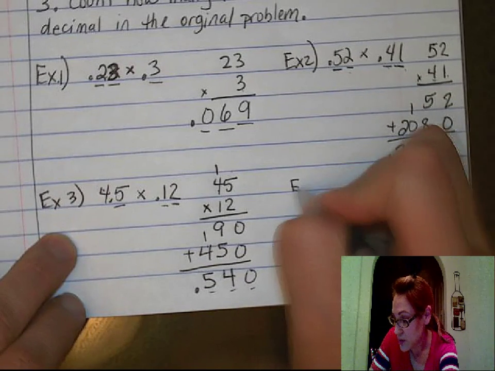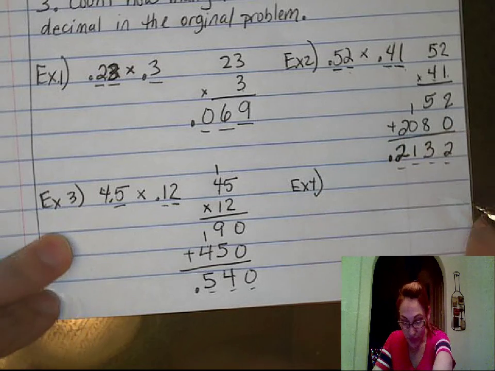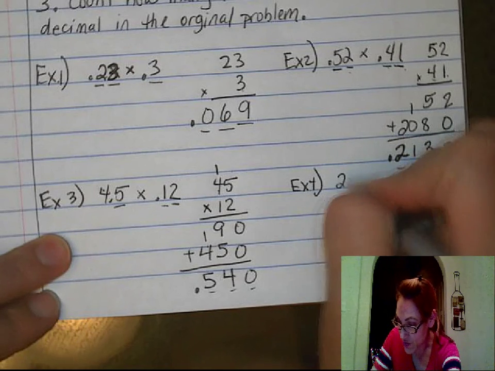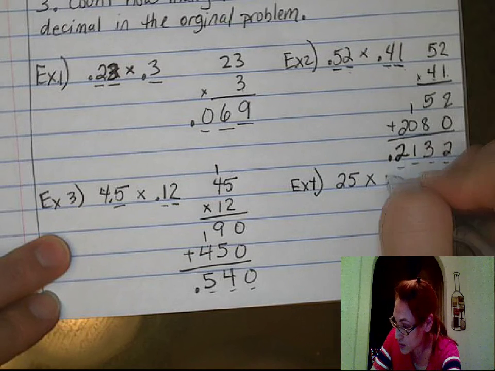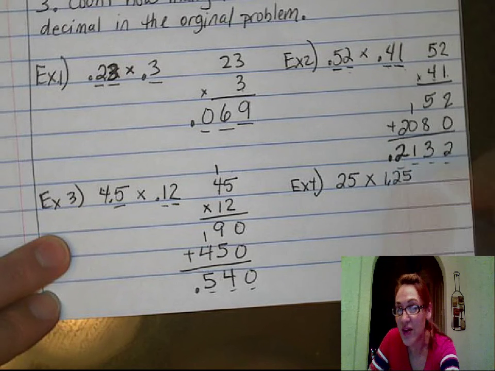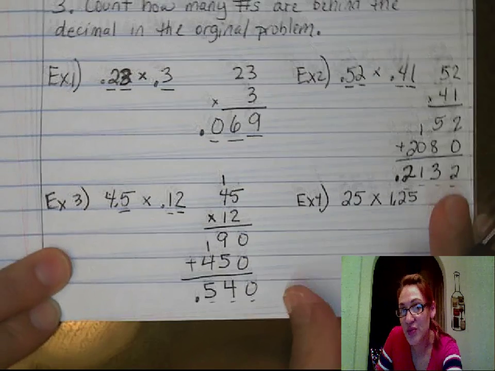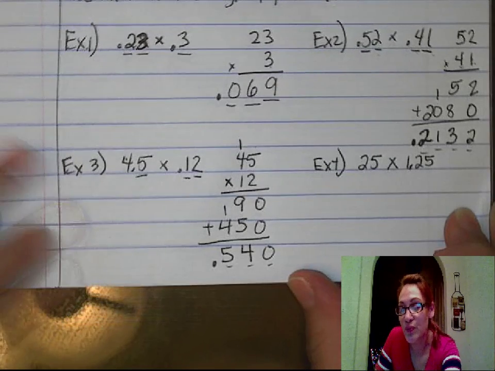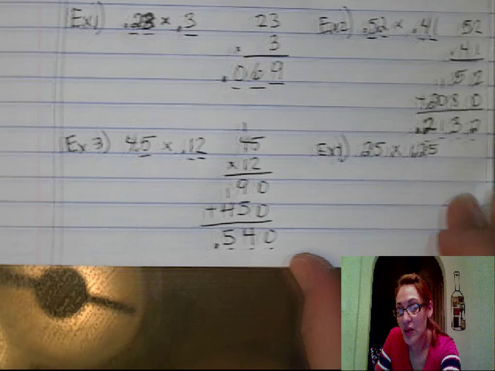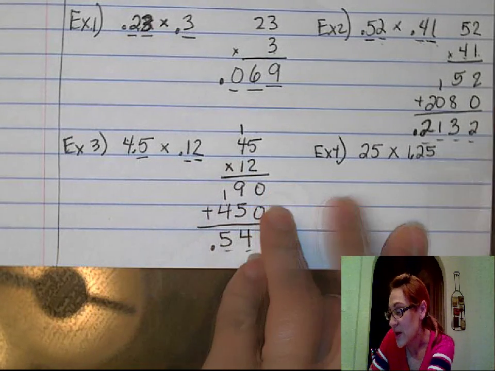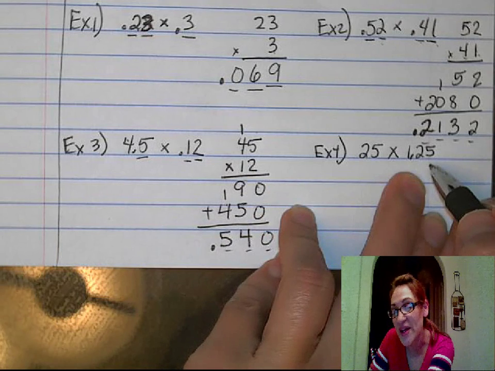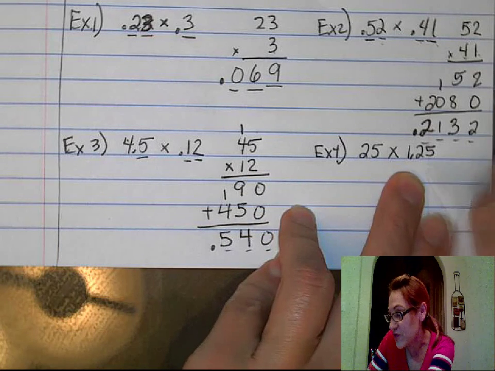Okay, let's work one more. Let's say you have 25. You have a whole number. 25 times 1 and 25 hundredths. Again, you're going to line them up vertically without the decimals. Since this one has more numbers in it, I'm going to put that one first because that's how we normally multiply.